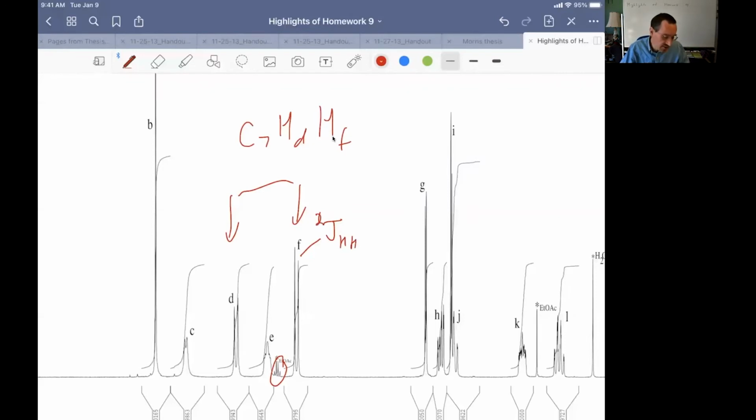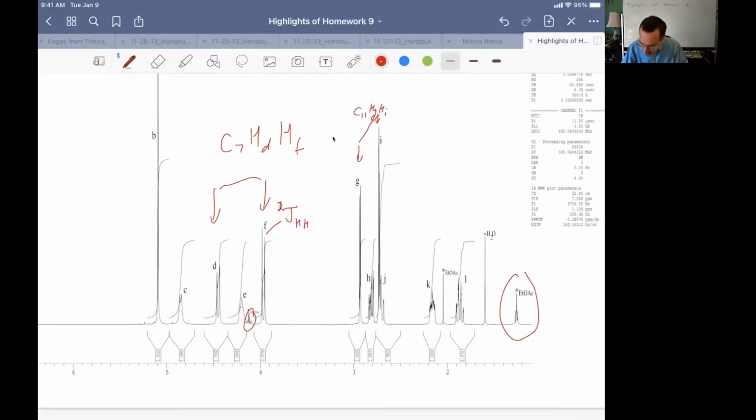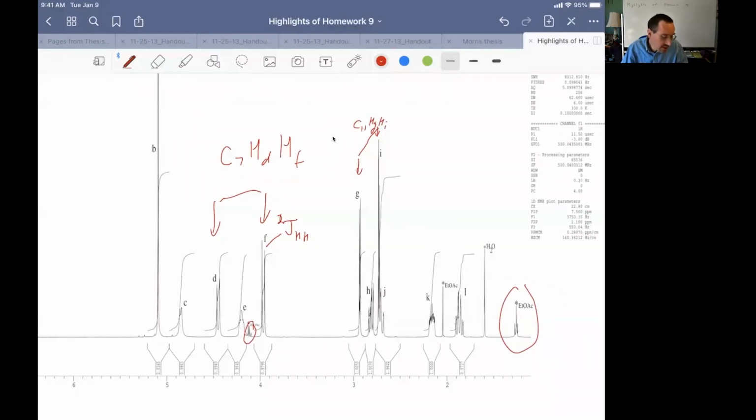Well, we've got another isolated methylene group here, and that's over here. And this one looks very, very different. C11HGHI. A couple of things are interesting about it. One is its chemical shift is sort of cool. It's at 2.7, 3.0 ppm, and it's like, what is it doing there?